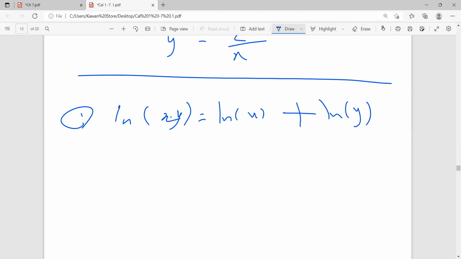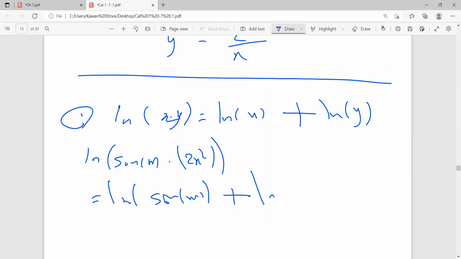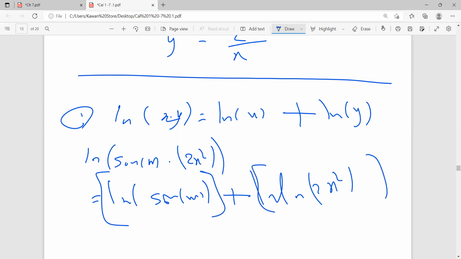For example, I have ln of sine of x multiplied by 2x squared. So I say it is equal to ln of the first one plus ln of the second one. So, 2x squared. Any question? Do you have any question, dear?